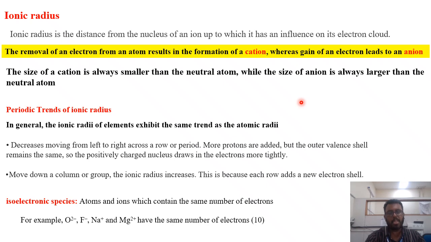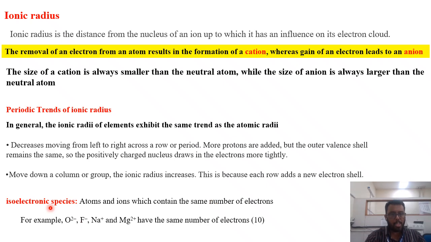So as a result, the size of the anion will be larger. Okay, the size of the cation will be smaller than the neutral atom, whereas the size of the anion will always be larger than the neutral atom. So generally, ionic radii of the elements exhibit the same trend as atomic radii. It decreases from left to right and increases down the group.